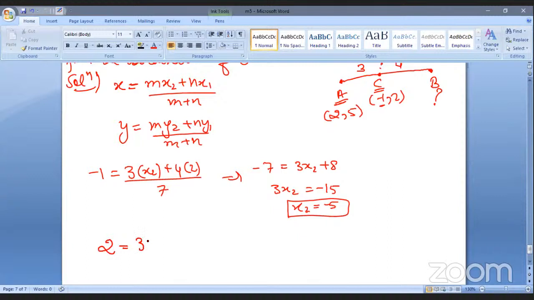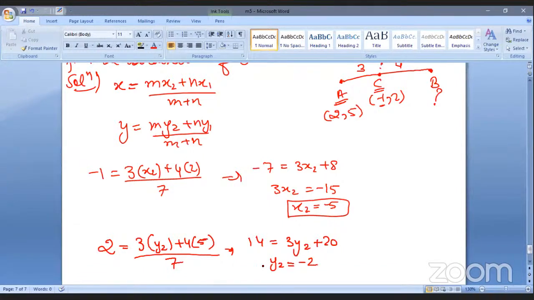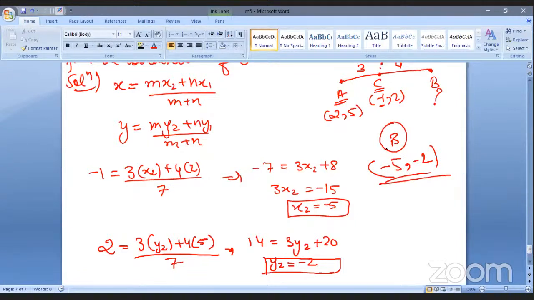Now 3 times y2 we don't know, plus 4y1, divided by 7. So 14 = 3y2 + 20, and y2 comes out to be -2: -6 divided by 3 is -2. So the coordinates of point B will be (-5, -2), simply by the section formula. It is just a rearrangement of the section formula.